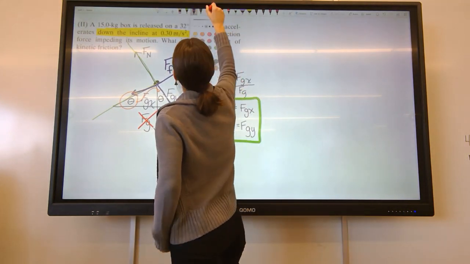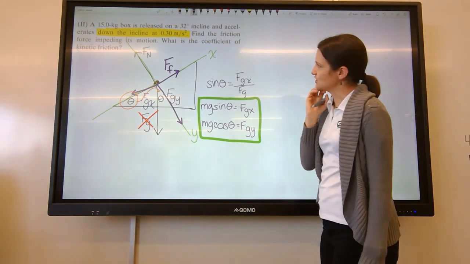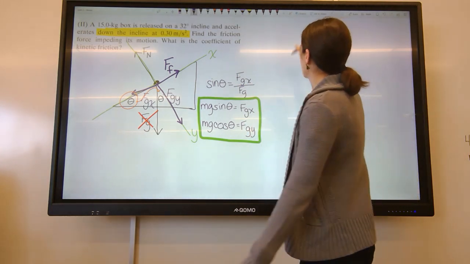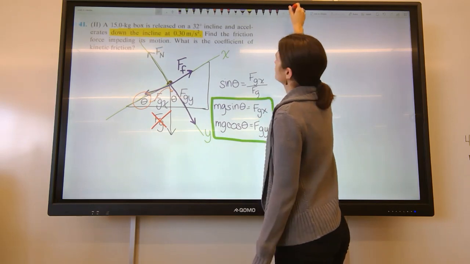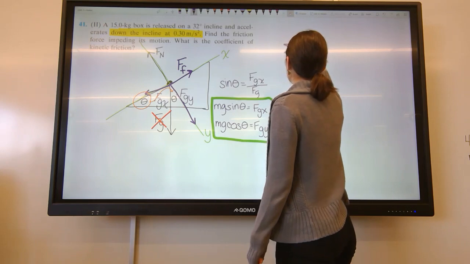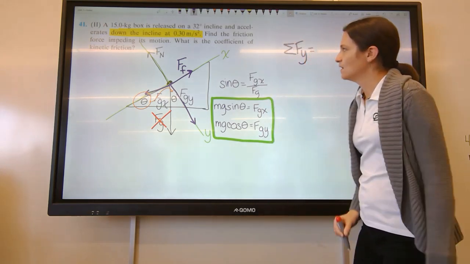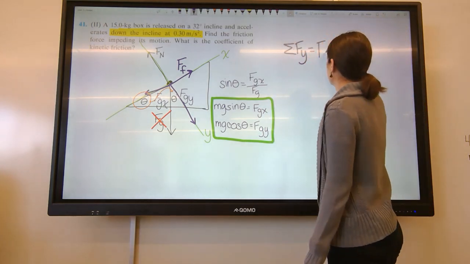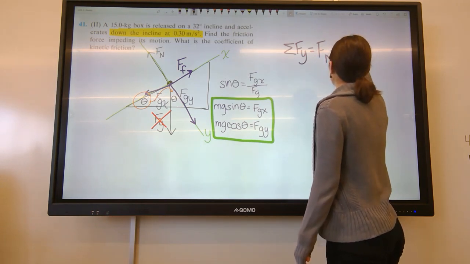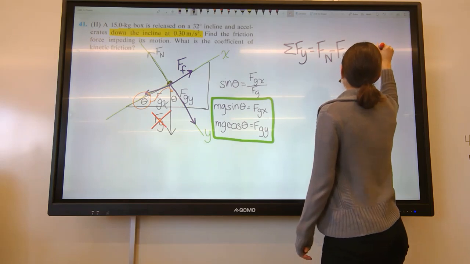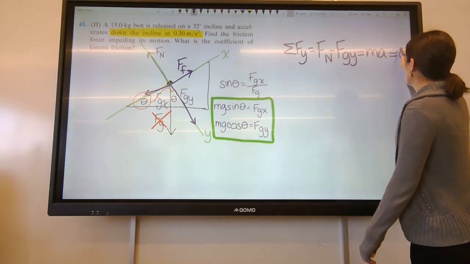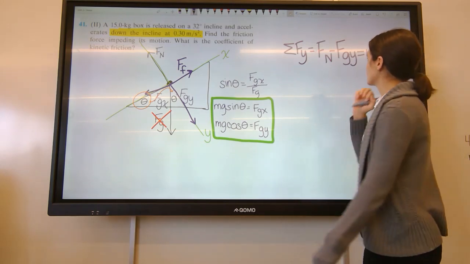So I'm going to start in the y direction because that one's a little bit easier. I don't have any acceleration. My acceleration in the y direction is going to be 0. So that's going to make it a little bit easier. So sum of the forces in the y direction: Fn minus Fgy equals ma. And that's going to be, in this case, 0 because there's no acceleration happening in the y direction.